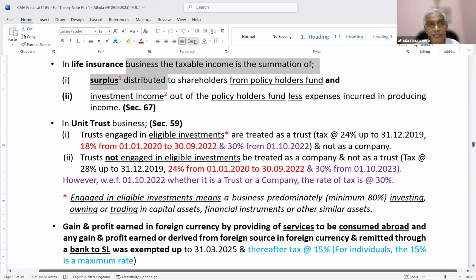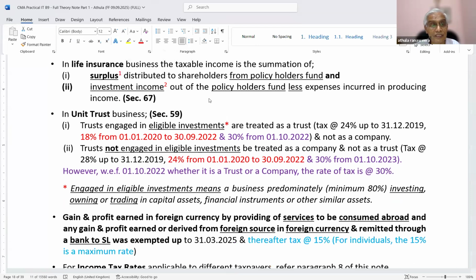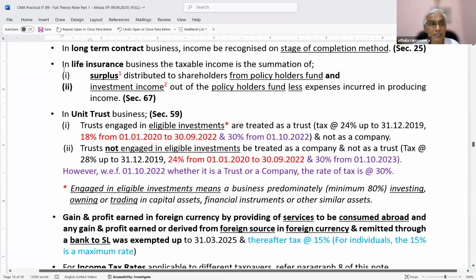Otherwise, it is misleading. In life insurance business, the taxable income is the summation of, number 1, surplus distributed to the policyholders' fund, and second item, investment income out of the policyholders' fund, right?